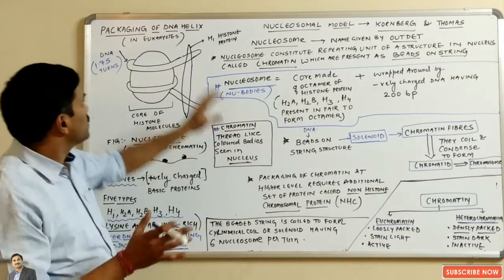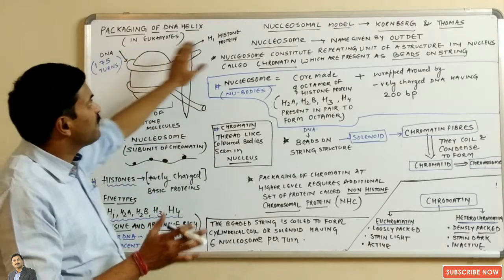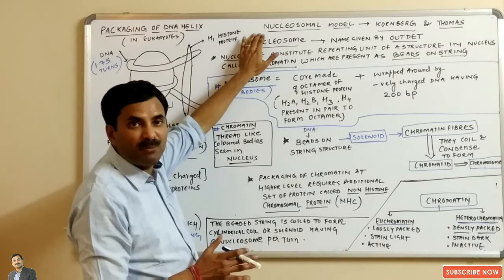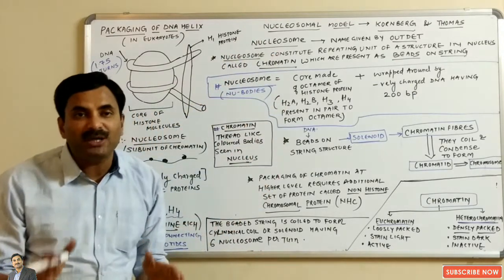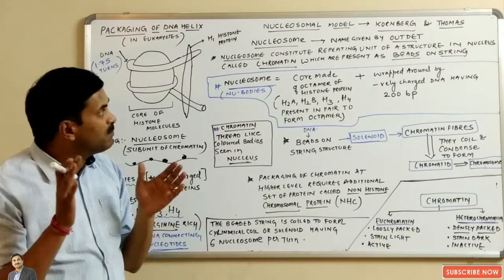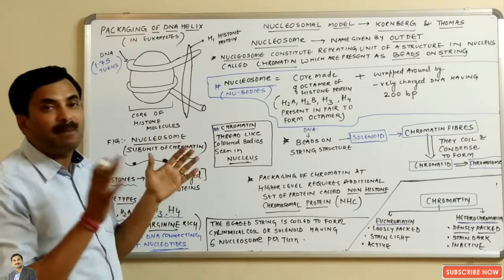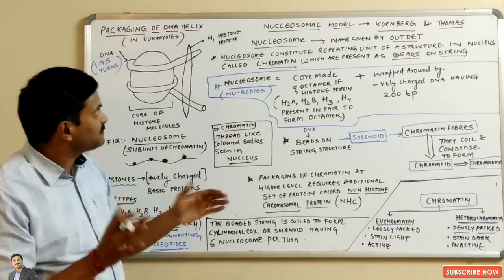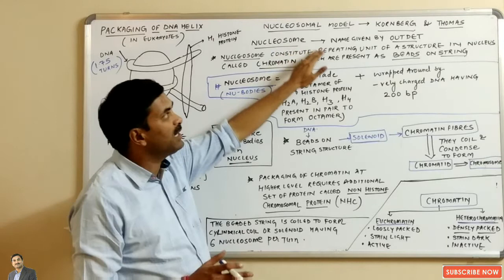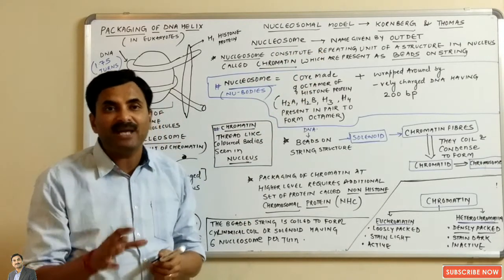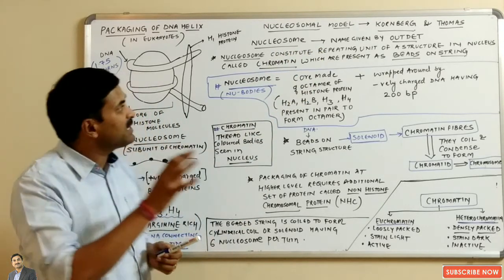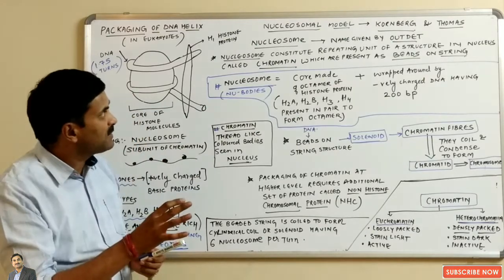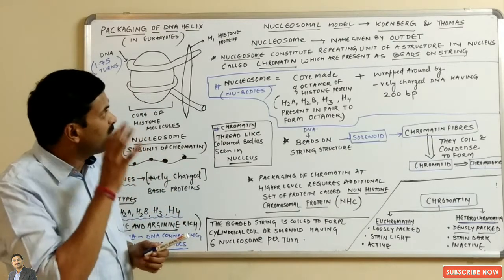To study the packaging, we have to study the nucleosomal model. The nucleosomal model is the best studied model to explain the packaging of the DNA helix. This nucleosomal model was first given by two scientists, Kornberg and Thomas.